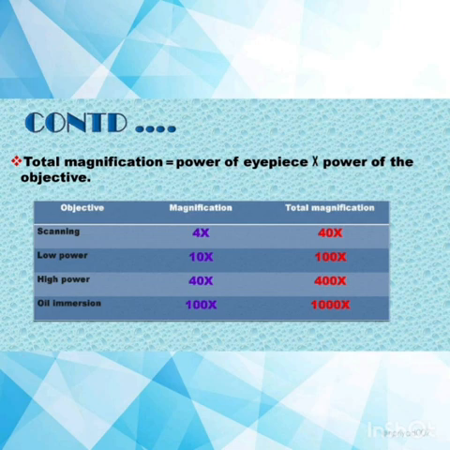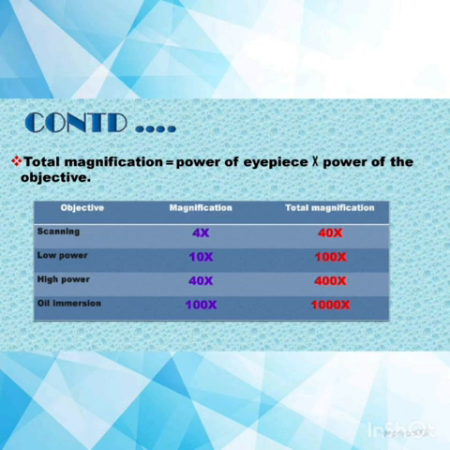For example, if the ocular lens is 10x and the objective lens magnification is 4x, then the total magnification of the microscope is equal to 10x into 4x is equal to 40x. Similarly, when the ocular lens power is 10x and the objective lens power is also 10x, then the total magnification of that particular microscope is 10 into 10 is equal to 100x.